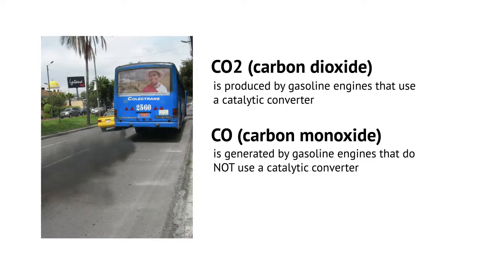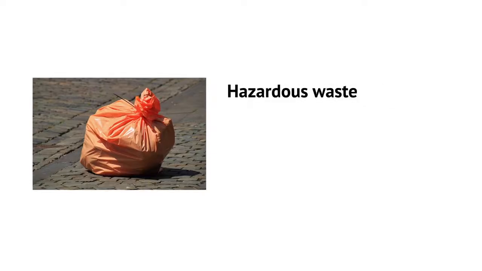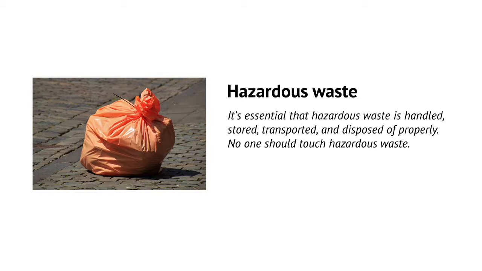In most cases, you will need to say or write something like, "To reduce carbon dioxide emissions, we have to do something." Okay, our next phrase is hazardous waste. Example: it's essential that hazardous waste is handled, stored, transported, and disposed of properly.